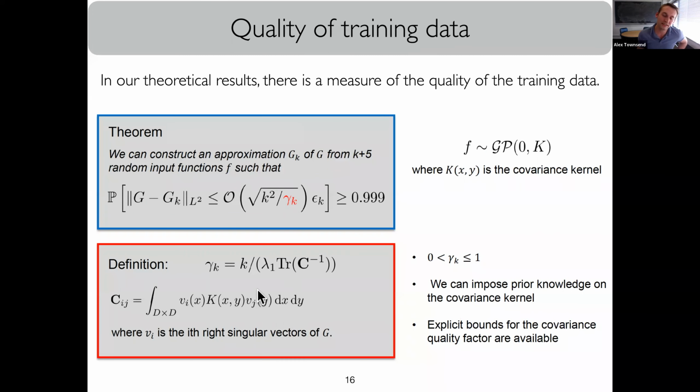It's implicitly defined in the sense that I need you to tell me the PDE operator if you want me to figure out exactly what the gamma k is, but we know how to work it out, and it's basically saying, don't give me input-output data that's orthogonal to the dominant part of my Green's function, because if you do that, I have no chance to learn the Green's function, because what comes in is not seeing the dominant part.